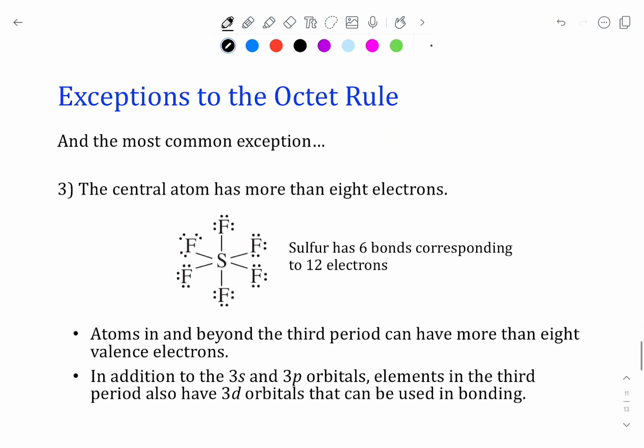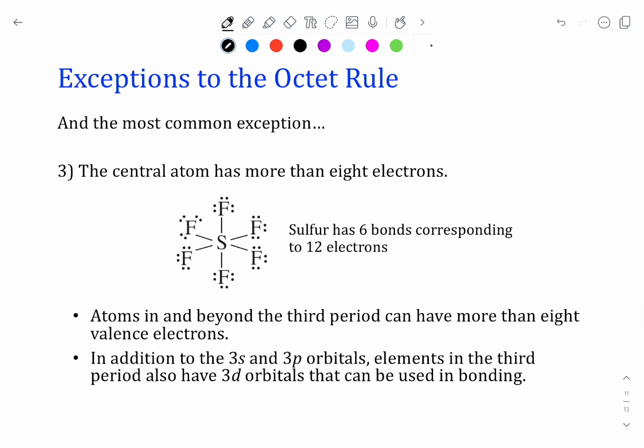Okay, the most common exception is our last one, and this is a central atom that has more than 8 electrons, and this is called an expanded octet. So it has more than 8, expanded. This can go up to 10 electrons or 12 electrons.